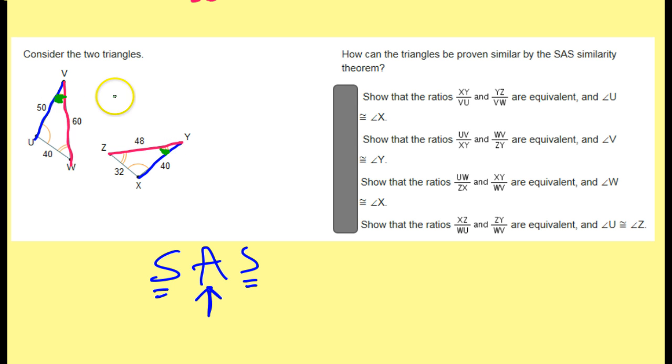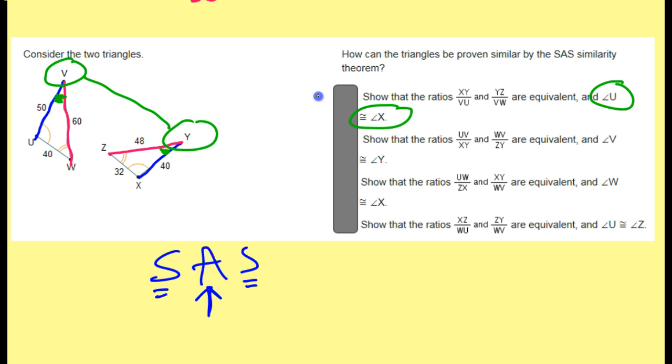So the included angle would have to be angle V and angle Y. Alright, V and Y. But then look what they say. U is congruent to X? No, it needed to be V and Y. It had to be the angle in the middle. So that first one is a no. Try again. Sorry.